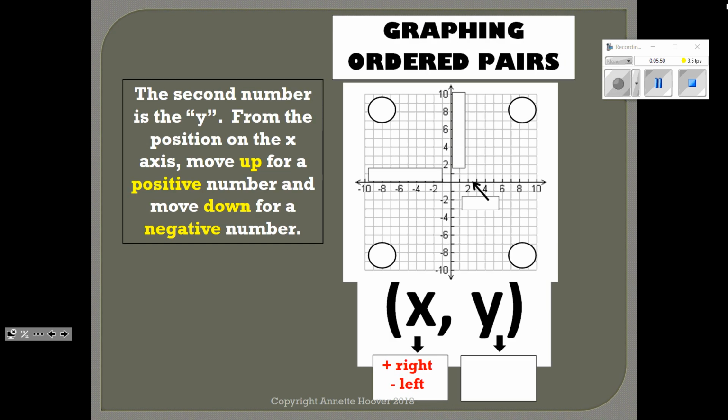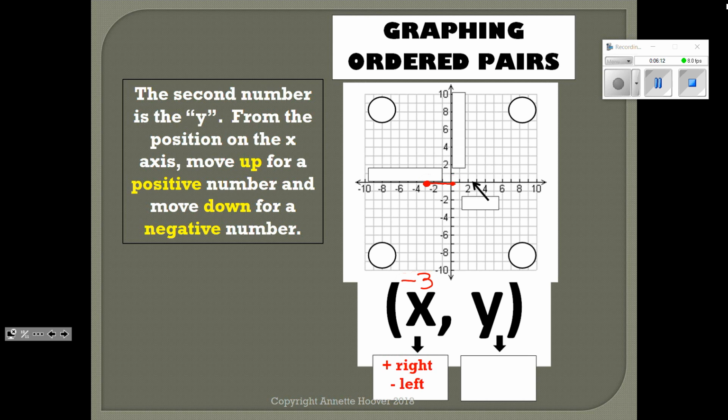The second number in the ordered pair is the y. From the position on the x-axis, move up for a positive number and down for a negative. So first, you have to find where your x is. So if your x is -3, you first start at the origin and go to the left 3. This is where you start from to go up or down. You don't start at the origin for the y.